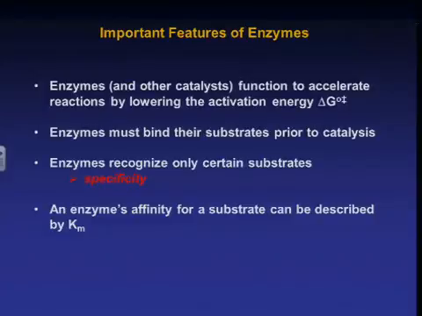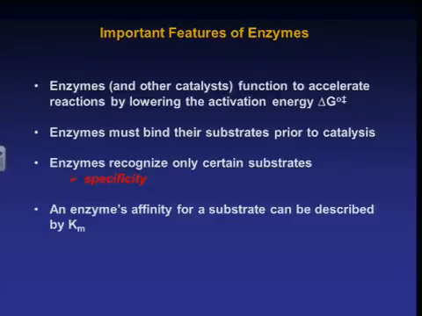So, some important features about enzymes, and we're going to get into much greater detail later. Enzymes and other catalysts, as we've said, function to accelerate these reactions by lowering that activation barrier, right, by lowering the delta G double dagger. The enzymes must bind their substrates prior to catalysis.